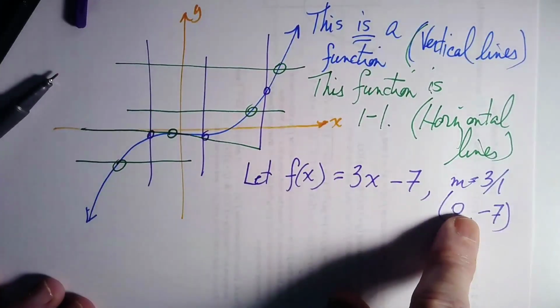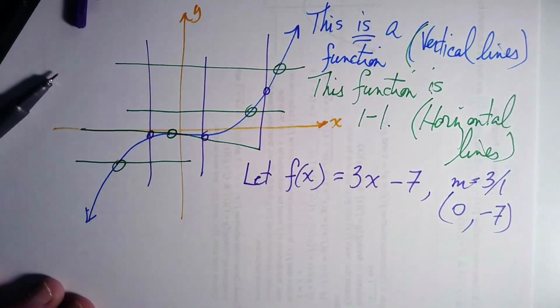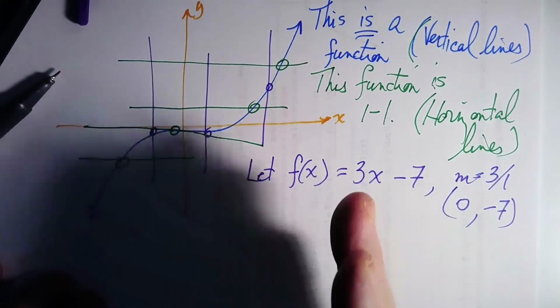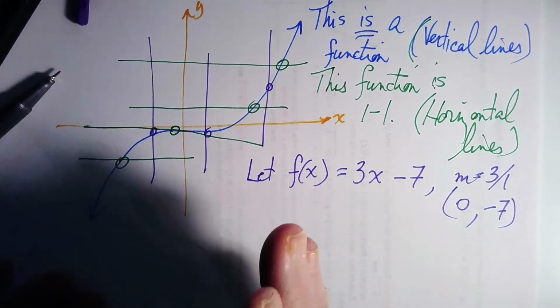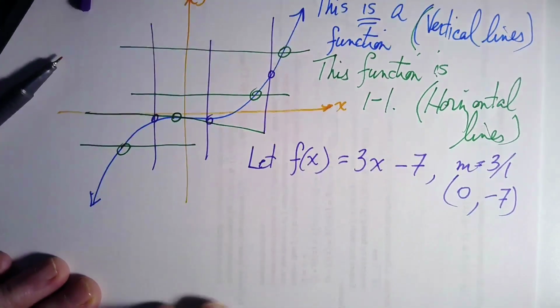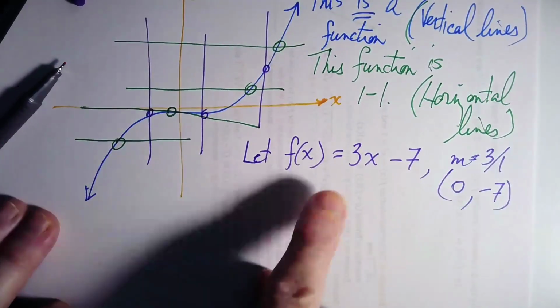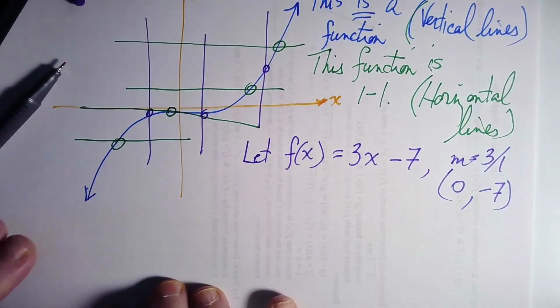So this is a line, and we know that it is a function because it has an x. Only vertical lines are not functions, and vertical lines have undefined slope. This has a slope, so it's a function.